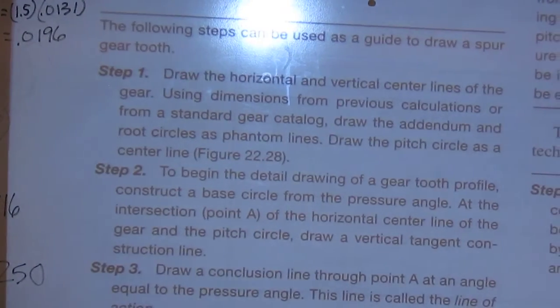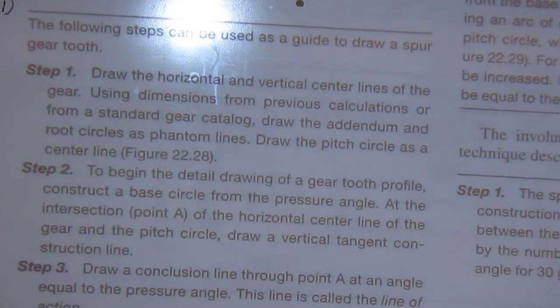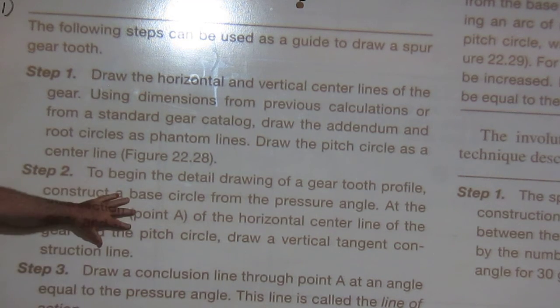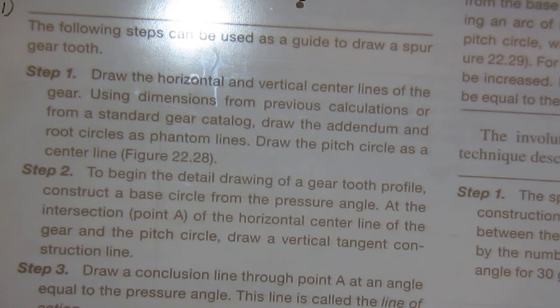This guy right here: the following steps can be a guide to draw the spur tooth. So we also followed this. So we kind of got the two combined there, is what we did.